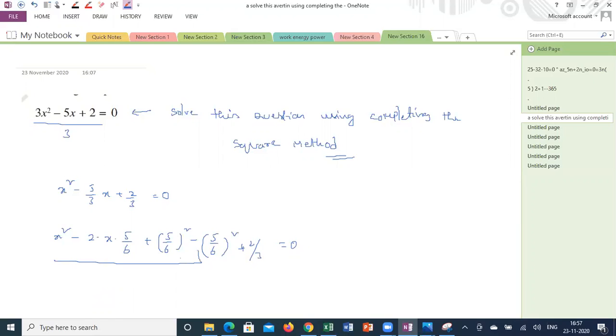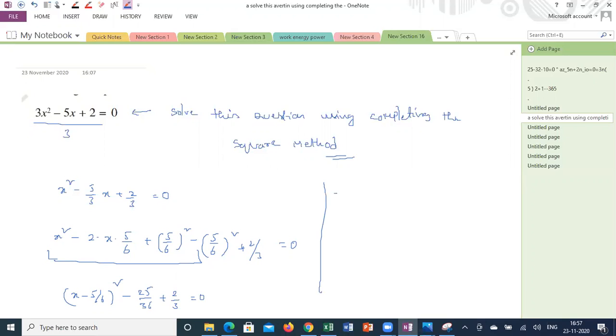This whole thing is a perfect square. Now this can be written as x minus 5 by 6 whole square, minus 25 by 36 plus 2 by 3 is equal to 0.